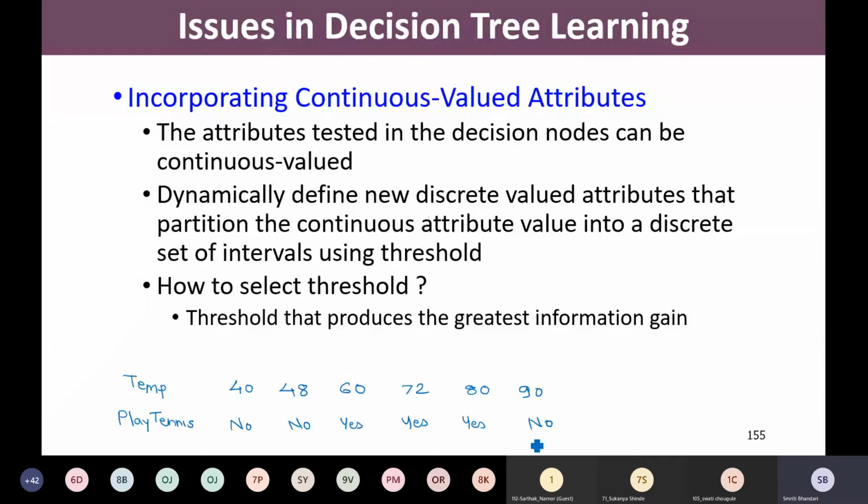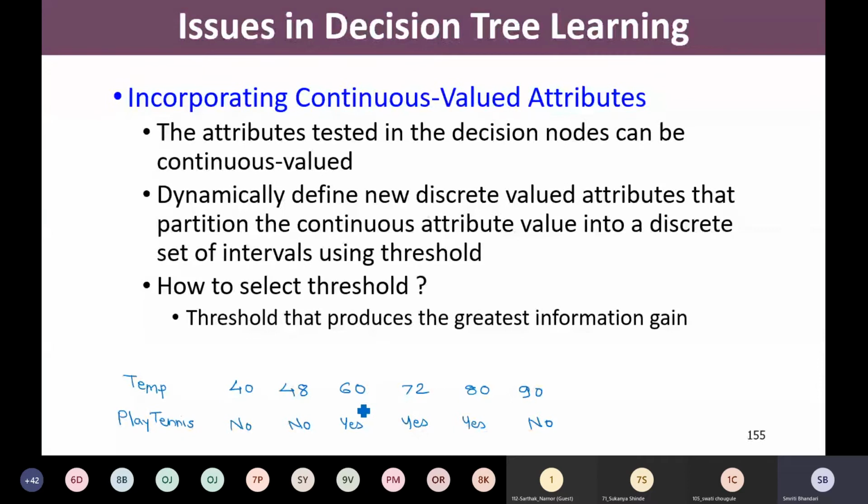Okay, so if we are having such kind of continuous values for the attribute, what we are going to do is pick some threshold, and based on that threshold, these attributes having continuous values we are going to convert into a discrete set of intervals.